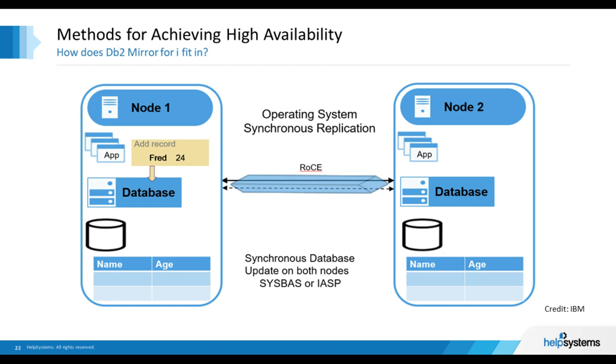Other prereqs include Power 8 or later, and of course you need to be running 7.4. Now nodes can be at differing hardware generations, so you could mix a Power 8 and a Power 9 system, and once the next version of the operating system is available, you can mix different OSs. So you'll be able to mix V7R4 with V7R5 or whatever IBM decide to call it.